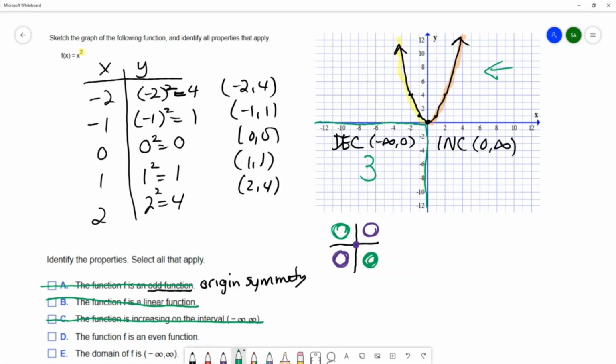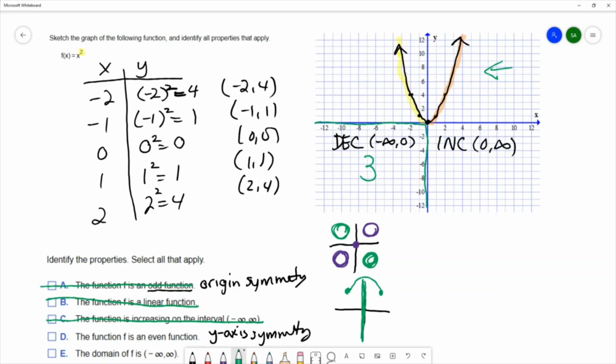The next statement says the function is an even function. An even function is a function that has y-axis symmetry. So when a graph has y-axis symmetry, you would have a mirror image folding along the y-axis, meaning that everything that you have on the right, you have a mirror or reflection on the left of the y-axis.